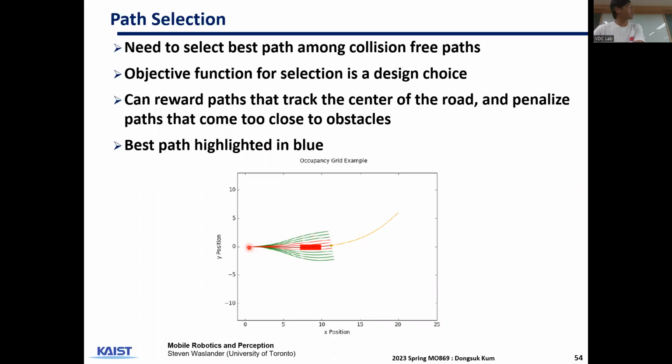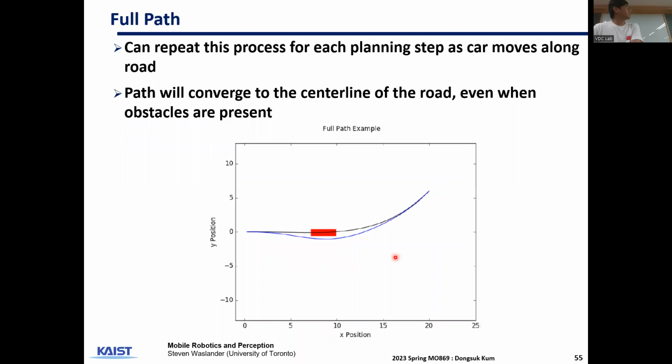What usually happens is that you generate this curve, and then you only run at one time step. Then, for example, the vehicle will be here next, and then you rerun the planner again to generate new curves. That's usually the case for the vehicle to react to the local environment.